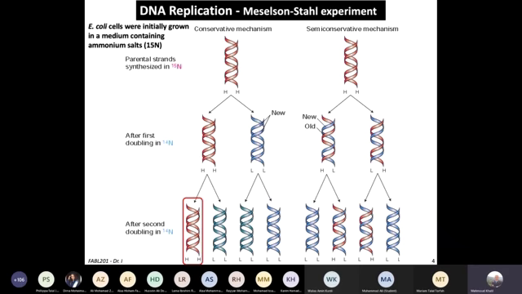But if the semi-conservative mechanism is correct, you will see heavy-light double-stranded DNA in the population of dividing bacteria. So obviously, experimentally, we can differentiate and prove which one is correct. And that's what Meselson-Stahl did.